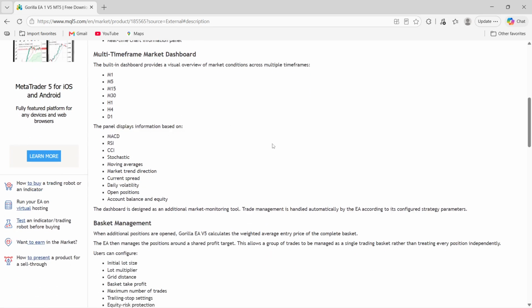And the panel displays information based on MACD, RSI, CCI, stochastic, moving averages, market trend direction, current spread, daily volatility, open positions, and account balance and equity. Right, so the dashboard is designed as an additional market monitoring tool, but the trade is handled automatically by the EA according to its configured strategy parameters.